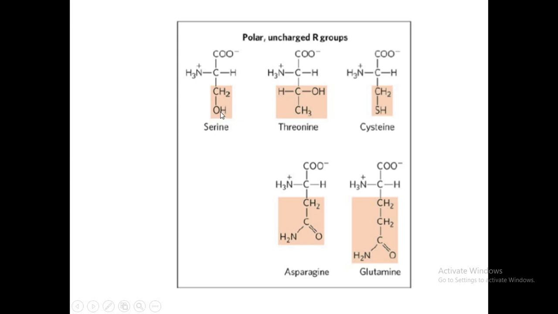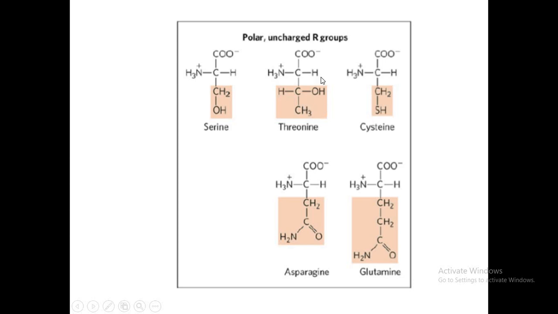This hydroxyl group has the capability to make hydrogen bonds with water. The water formula is H2O, so the oxygen of water will make a hydrogen bond with the hydrogen of the hydroxyl group. By doing so, this serine acts as polar, and it will have some solubility in water.